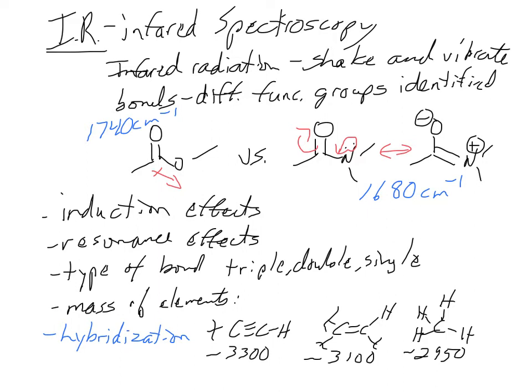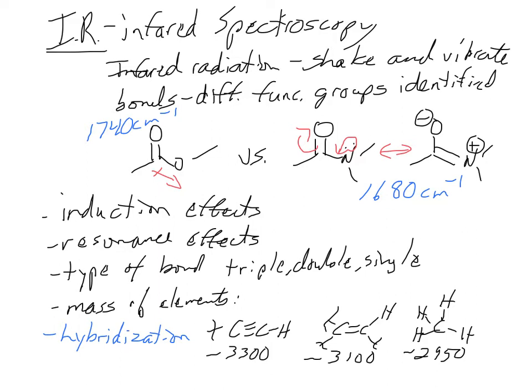But how do you decipher between alkene and the aromatic? Yeah, aromatic CHs are sp2 CHs too. So they're around the same area, right? So this alkene can be an aromatic ring too, for sure. Any sp2 CH is around this area, above 3,000, whether it's an aromatic ring or just an alkene.